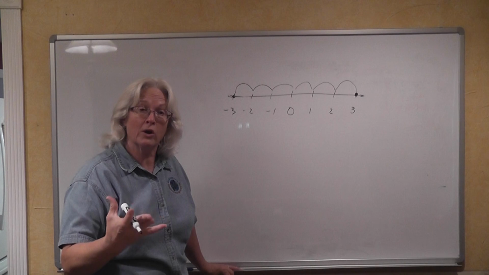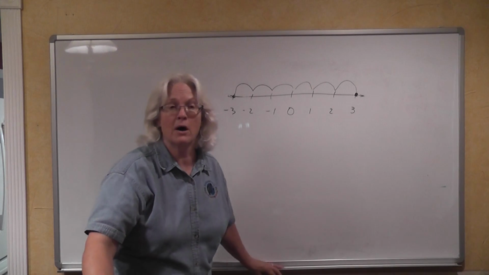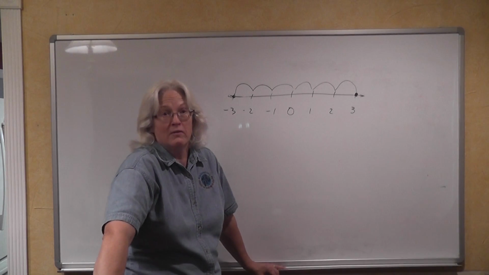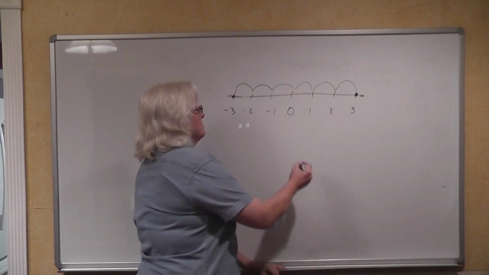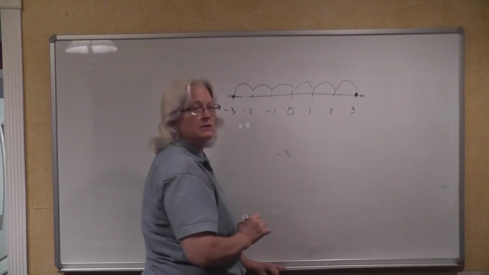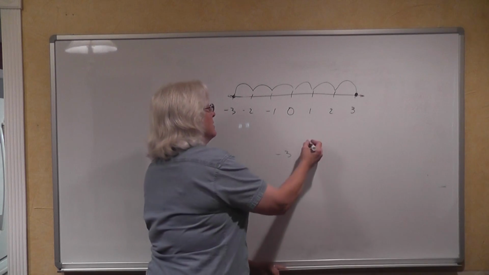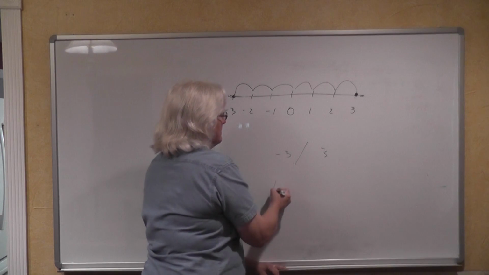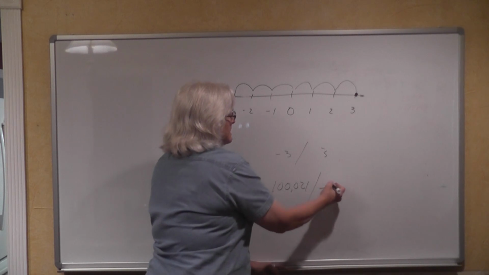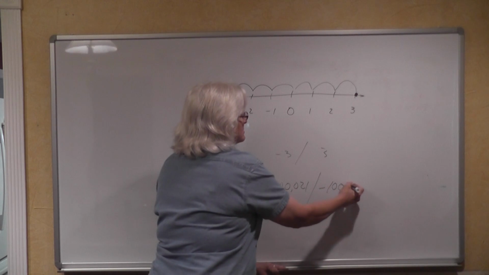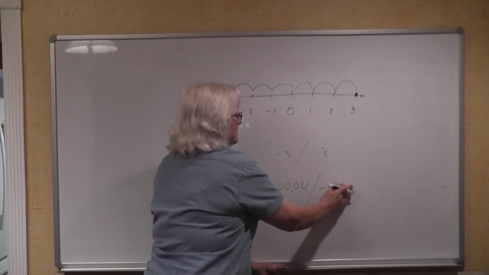So a working understanding of what opposites are is you have a number and you make it negative. If you have a negative number, you change the sign and it's positive. The opposite of a negative 3 is a positive 3. The opposite of 100,021 is a negative 100,021.